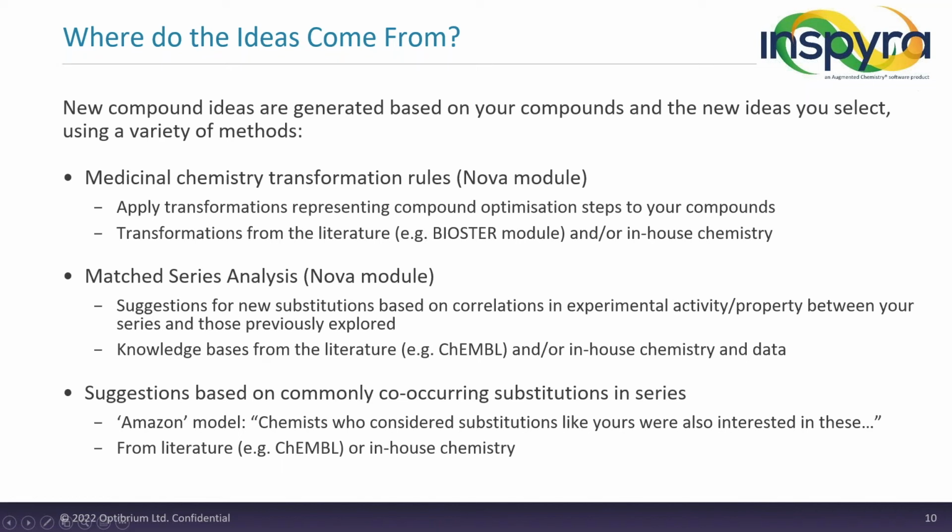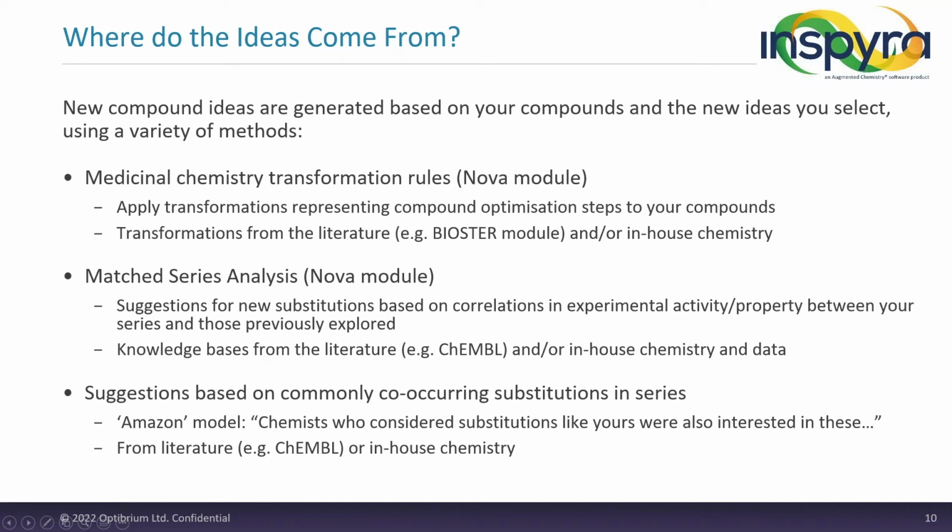So these suggestions are based on correlations between the compounds that you've already explored in your chemical series and the data that you have with those, in a knowledge base of previously explored chemical series. So it goes beyond simple match pairs to use longer series of matched compounds to suggest more relevant substitutions likely to improve an activity or property.